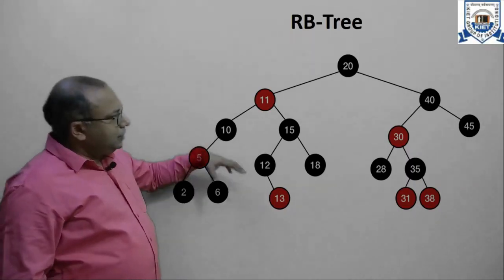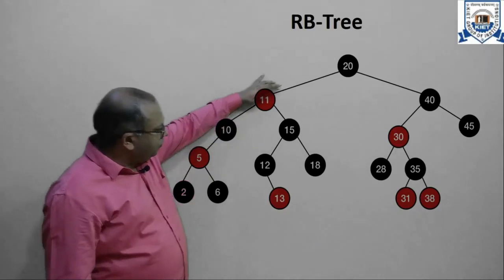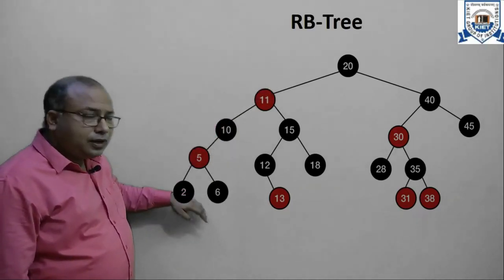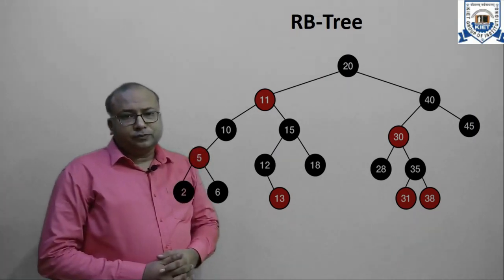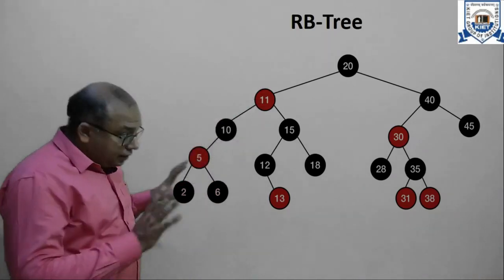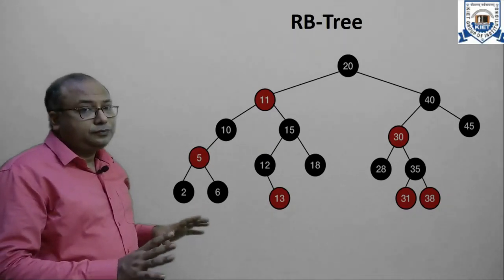Now come to property number 5. Try to traverse from root to leaf and find out how many black nodes you get. Remember, in this figure the leaf nils are not present.